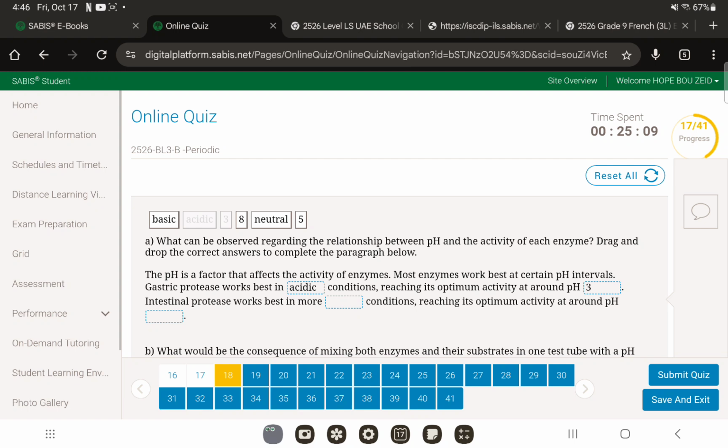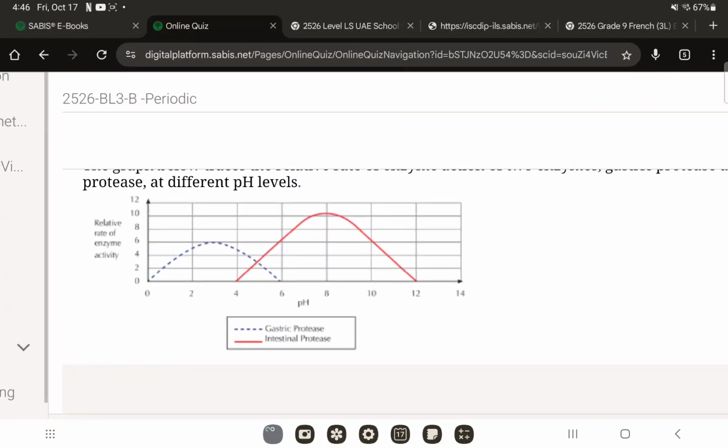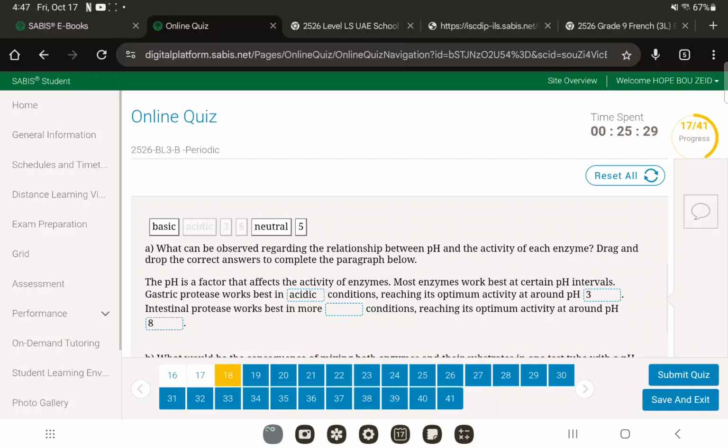It means it's the same thing, just a different way of saying basic. Now, intestinal protease works best in more blank conditions, reaching its optimum activity at around pH blank. Here you can see intestinal protease is the red line, so at around 8, pH of 8, which means basic conditions.